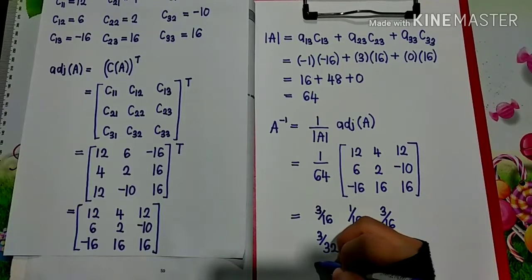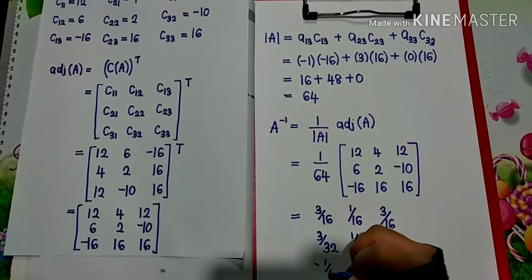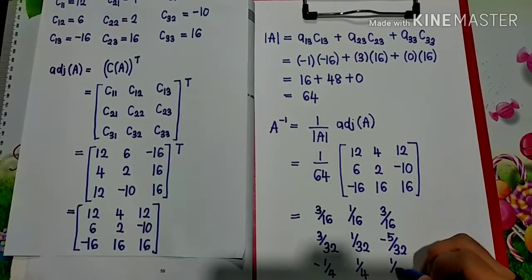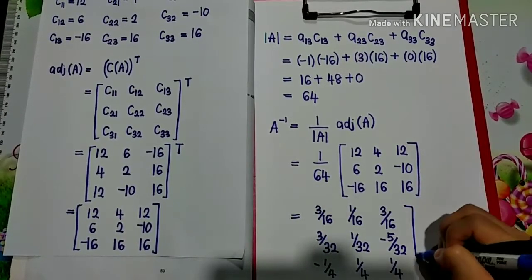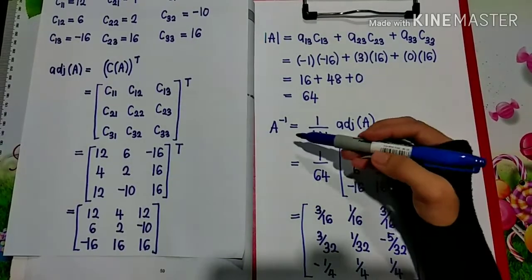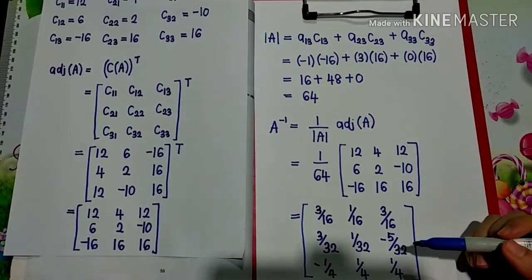This one negative 1 over 4, this one 1 over 4, and this one 1 over 4. So you get the inverse of A equal to this matrix.